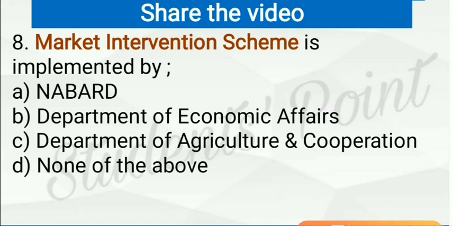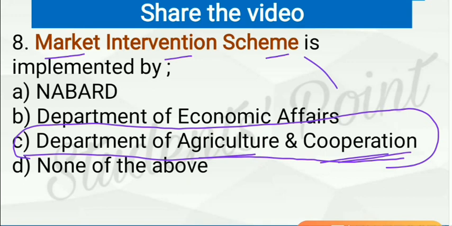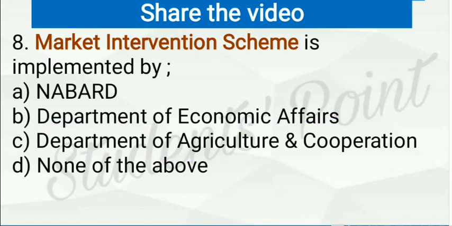Let's begin. Market intervention scheme is implemented by Department of Agriculture and Cooperation. So here C is the right answer. I repeat it once again. Department of Agriculture and Cooperation implements market intervention scheme.